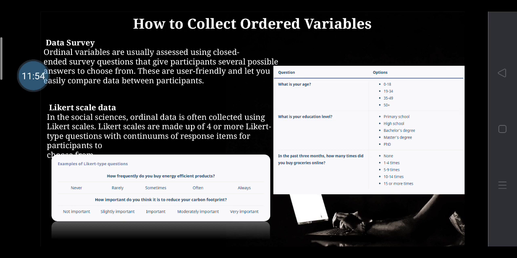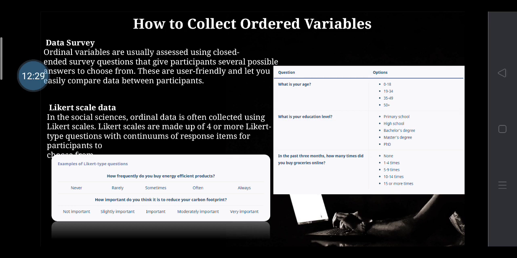And how important do you think it is to reduce your carbon footprint? Here are the options for the first: never, rarely, sometimes, often, and always. And for the second example: not important, slightly important, important, moderately important, very important.